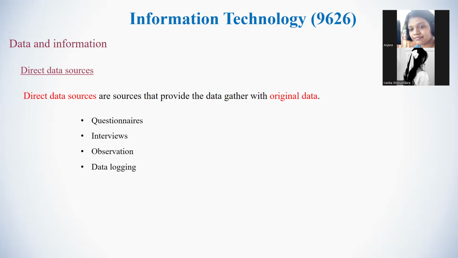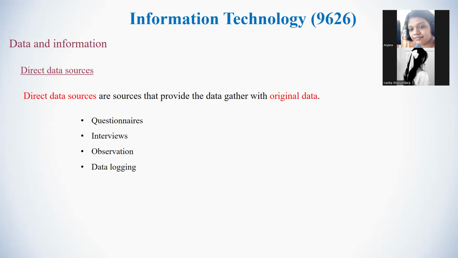Isanga, are you okay? Yes. Okay. So direct data: these are the four methods we are using to collect the data because we are directly present. Questionnaires, we raise some questionnaire, we make interviews, observation, data logging. Data logging is also real because of the sensory method, they receive it now. So that person, that vehicle, that object will be present there.